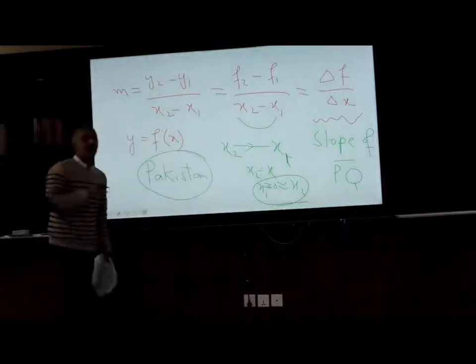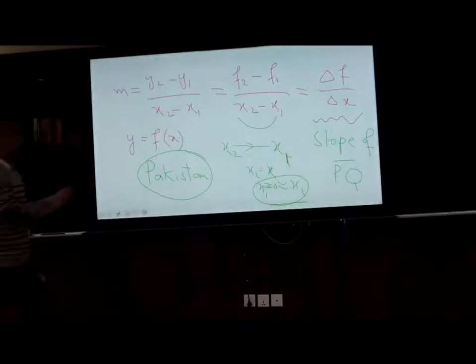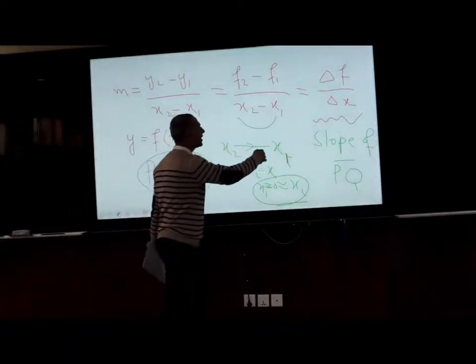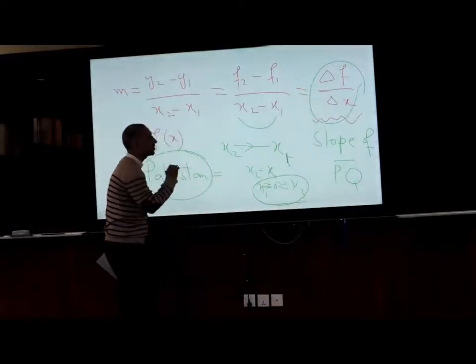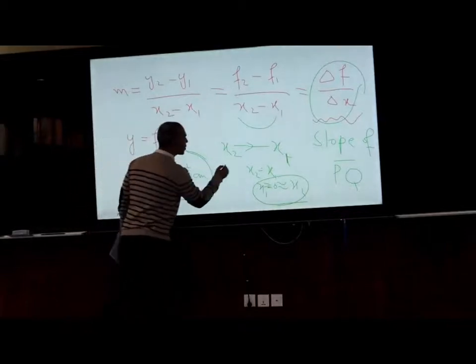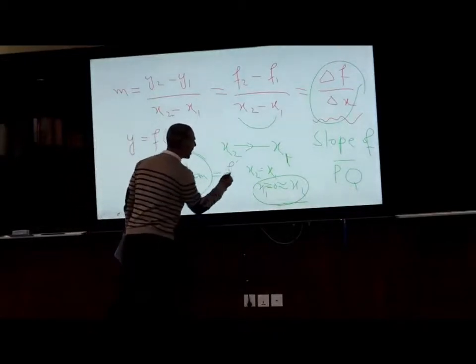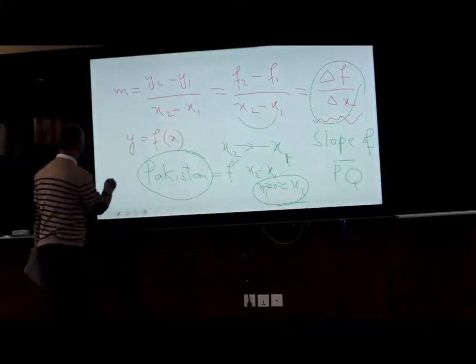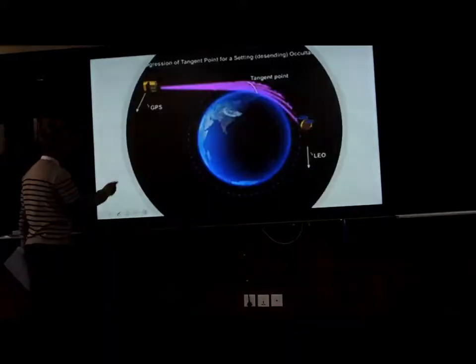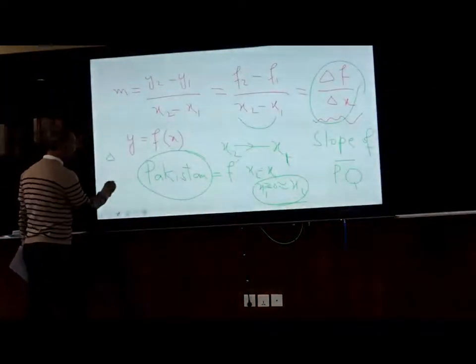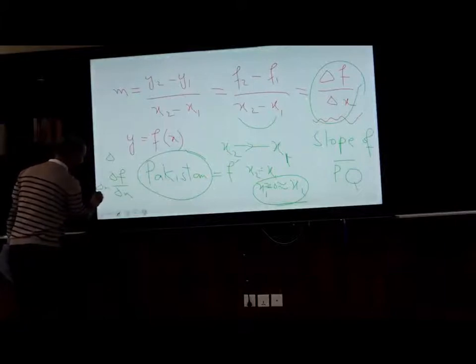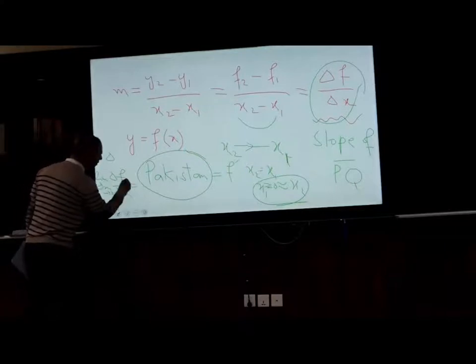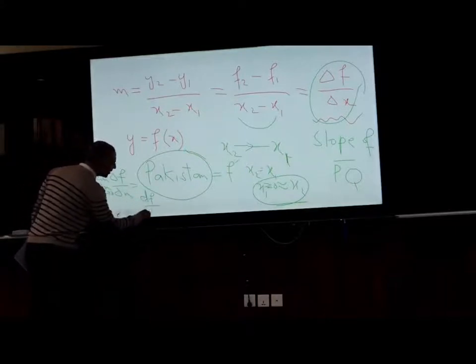At this moment, once they are uttering Pakistan, their total slope, the average change, becomes the instantaneous change, which is represented by f dash. A limit is applied to the value delta f over delta x as delta x approaches 0, and this becomes df over dx.